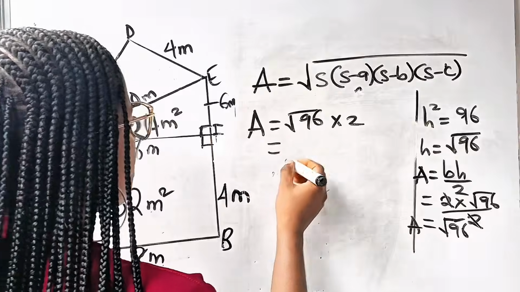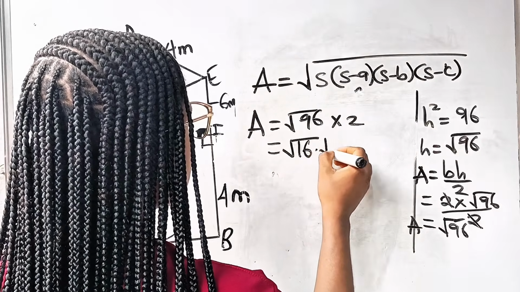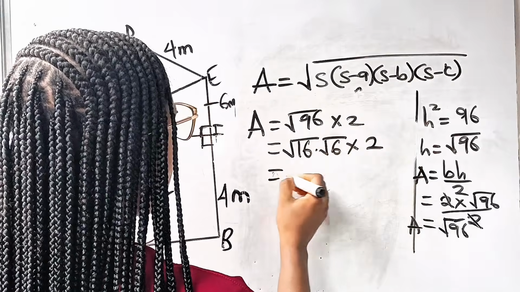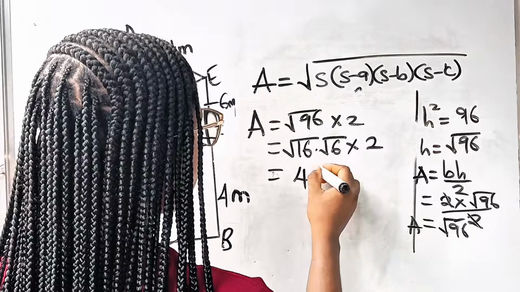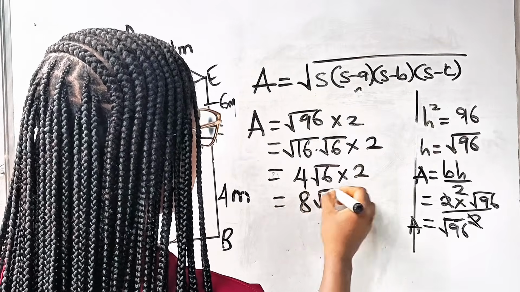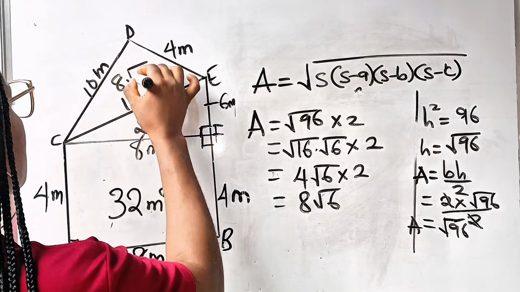So I'll now write this as square root of 16 multiplied by square root of 6 multiplied by 2, right? So I will have square root of 16 is 4. So I will have 4 root 6 multiplied by 2, which will give us 8 root 6. Therefore, the area of this one is 8 root 6.